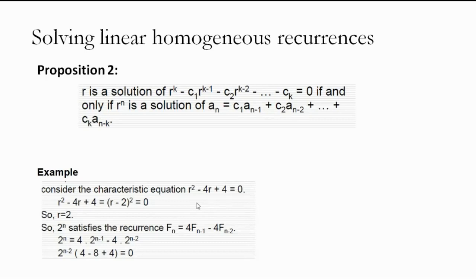You take 4r minus 4 to the right hand side. Wherever r is there, you place n minus 1. Right? Wherever 4 followed by nothing is there, so n minus 2. Because it is of degree 2. Clear? So it is just like fn is equal to 4 fn minus 1 minus 4 fn minus 2.